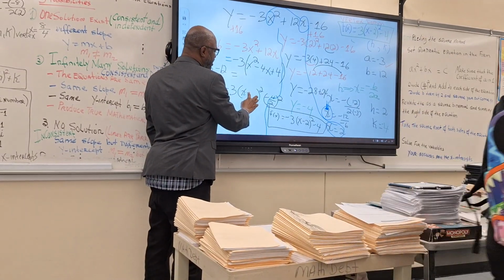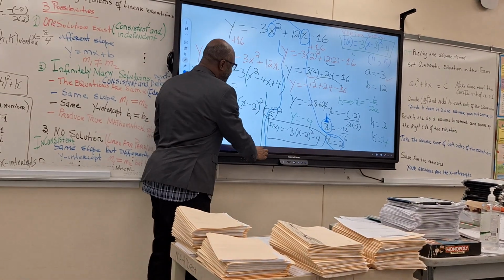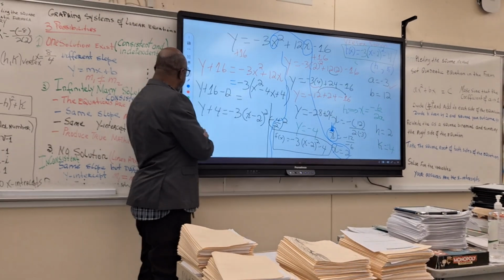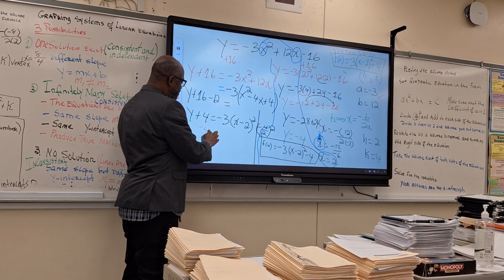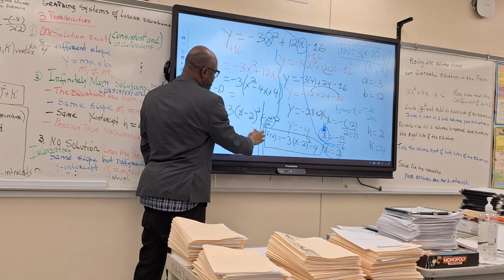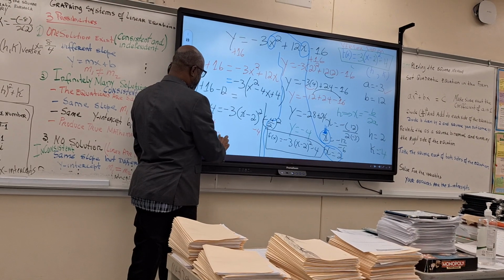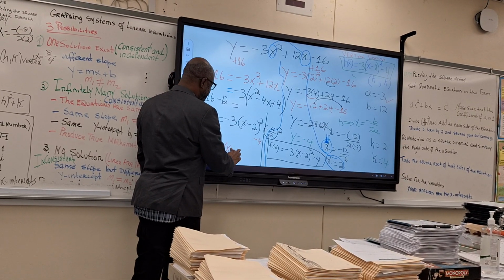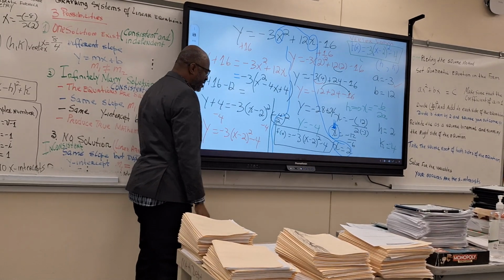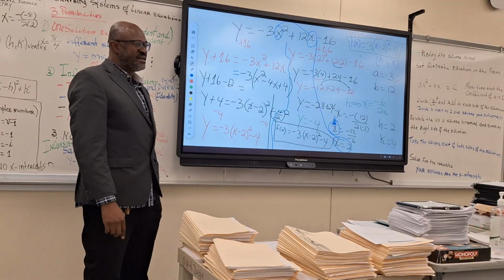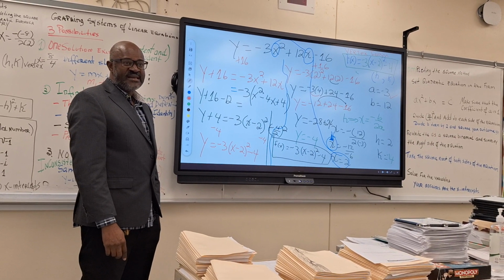That was minus 2. Now, we need to get y by itself. What will you do? You subtract 4 on this side. Then the equation will be in vertex form. We'll have y equals negative 3 times x minus 2 squared minus 4. Now, it is automatically in vertex form without replacing anything.